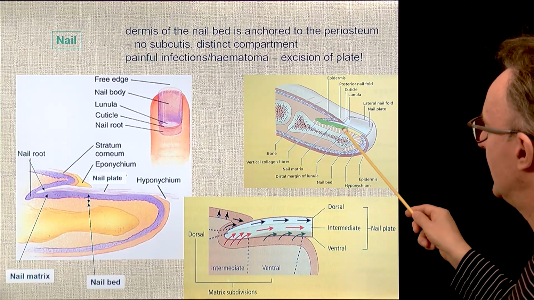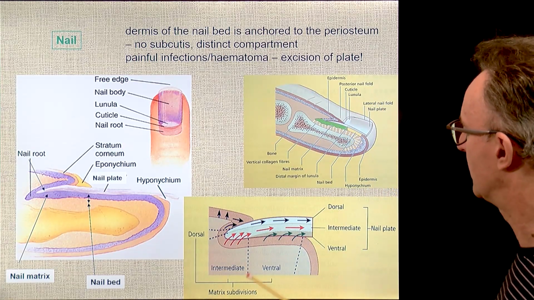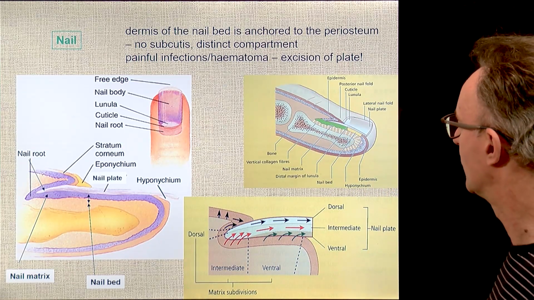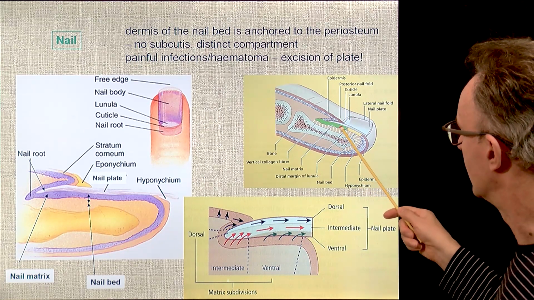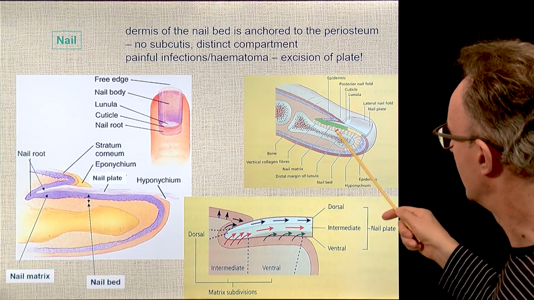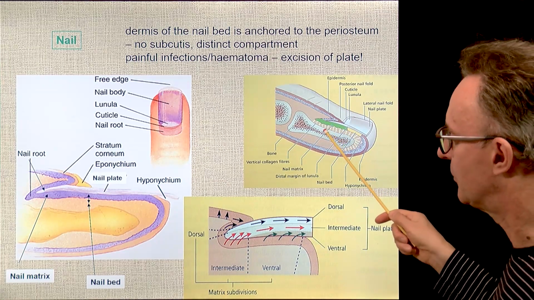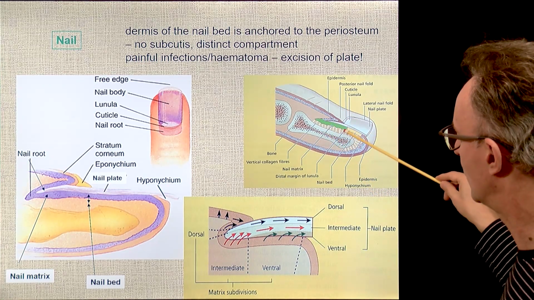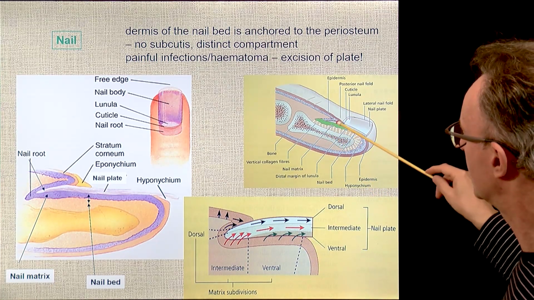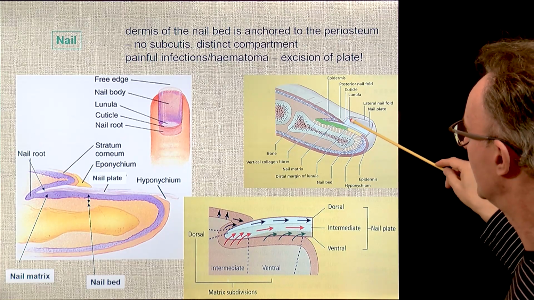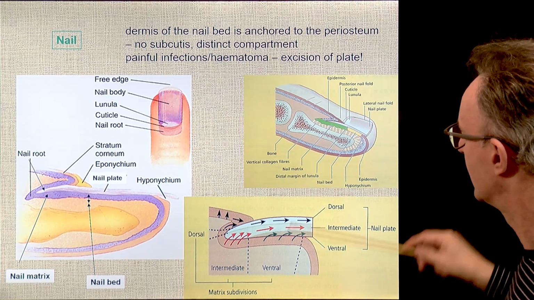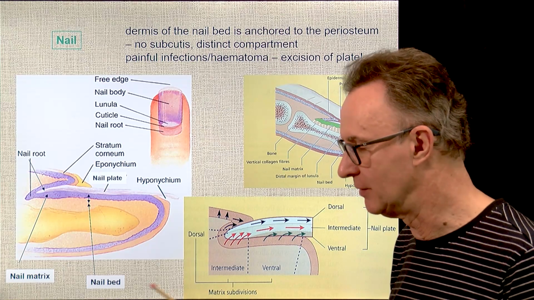So if we have bleeding here because, for example, with a hammer we accidentally hit our fingertip and blood is produced in this region, it's very painful because of the very tight connection between these two structures, and that's why we may need to incise the nail plate to release the blood. This way we can relieve the pain.